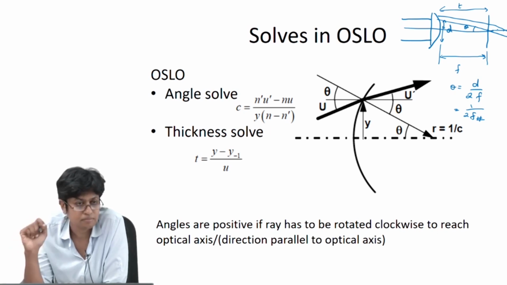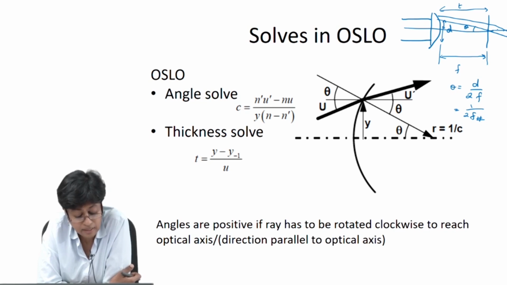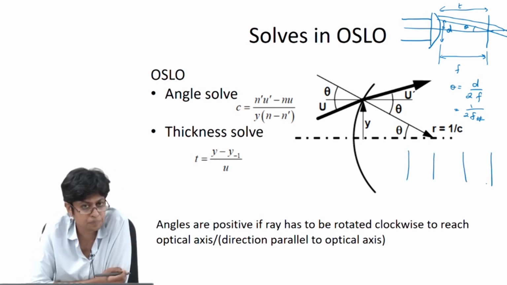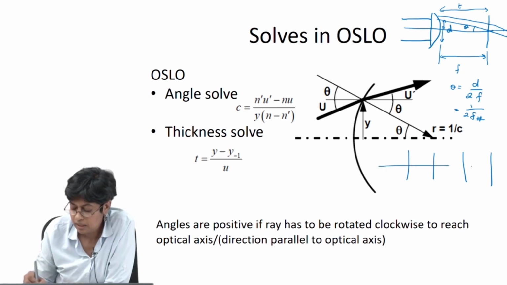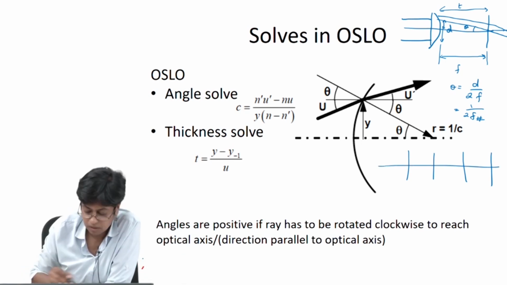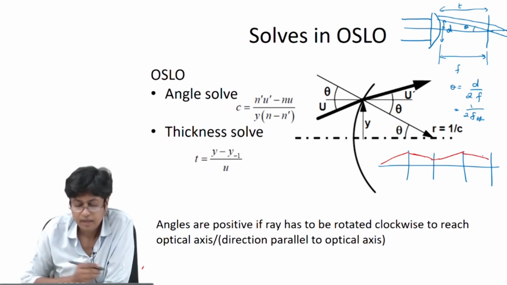The other solve that is commonly used is the thickness solve, and again I am using an equation that we just derived. We are saying choose the thickness. So, maybe I have many optical interfaces in my system, and the ray is travelling through this, bends at each interface, it is continuous, right.